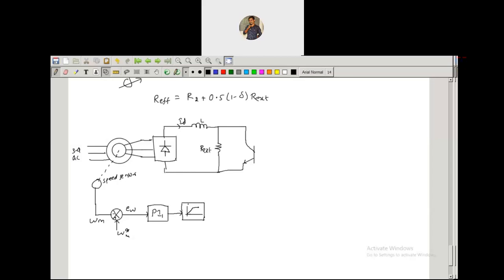Now, as you are varying the ID current, can we control the torque? So we can also control the torque by means of current control, right? That is why we are using the current limiter. The output of this current limiter is ID star, which will be compared with the ID current.